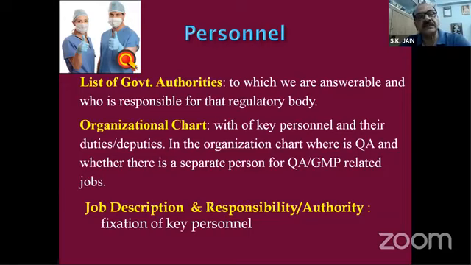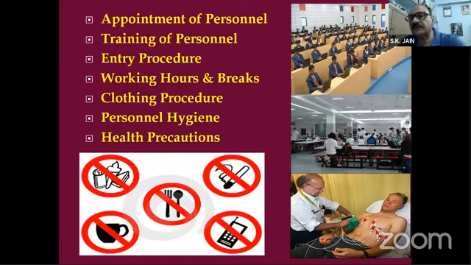Then the appointment: starting from the appointment of the personnel to the health precautions of the personnel who are working. Every aspect of the workers or authorities working in the pharma industry should be according to GMP guidelines, including the appointment of personnel.